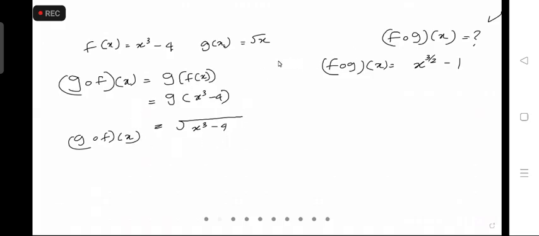That is not equal, right? You can see the answers are different. So f of gx like this way, g of fx like this way. So you cannot think these two are equal, right? These are different.